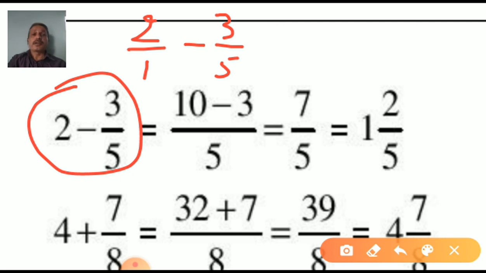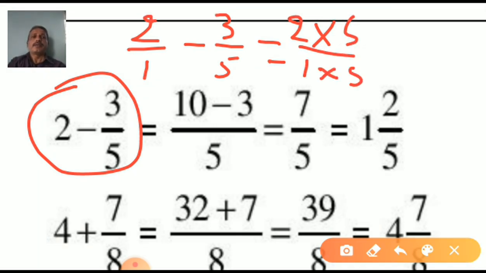No, unlike fractions, because in the first number 1 is the denominator, in the second number 5 is the denominator. To make them like fractions, we have to multiply the numerator and denominator by the same number. To make this 1 into 5, I want to multiply with 5. 2 into 5 as well as 1 into 5. Yes, student, you get the idea now. Minus 3 upon 5.